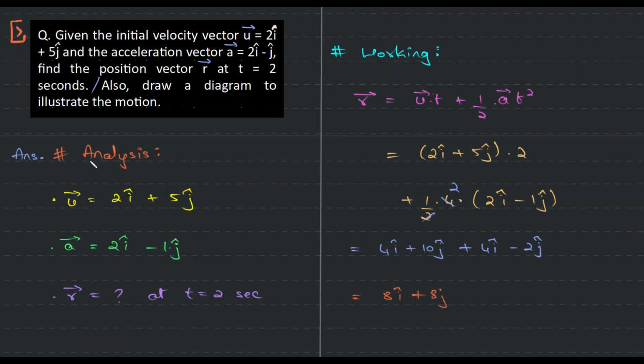Okay, so what we did was we figured out where the particle is at 2 seconds. R of 2 basically. This is r as a function of time. This is r of 2.